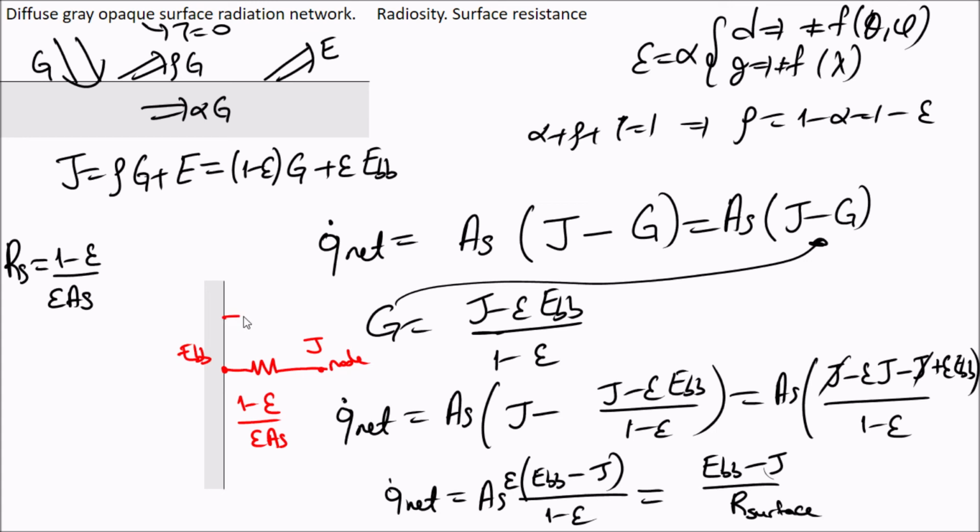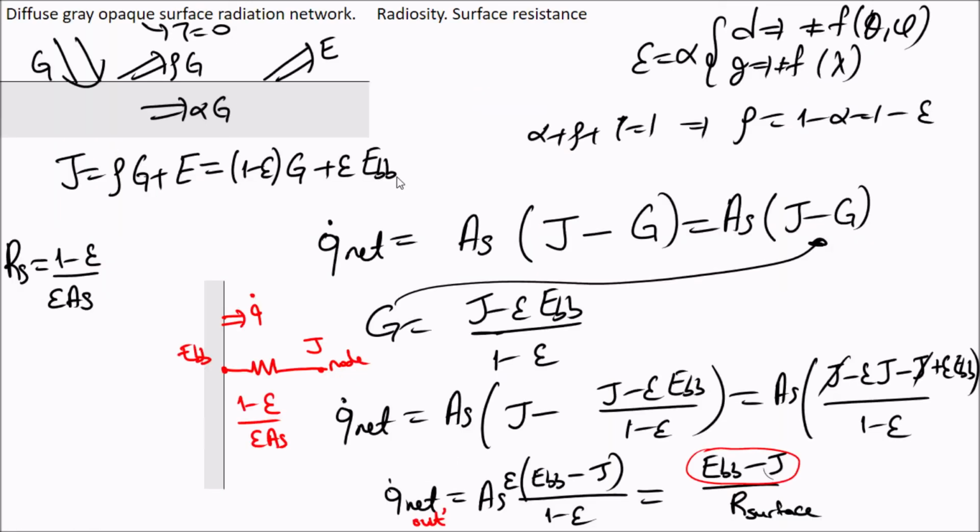If it is heat out of the body, it is positive, and since it is positive, this term should be positive here because this derivation is for the out quantity. We did not net out. Because black body emissive power is always greater than the radiosity, that is the reason we have written it here. If this difference is less than 1, then it means there is heat transfer into the system. That is the reason we have written it in inverted manner.